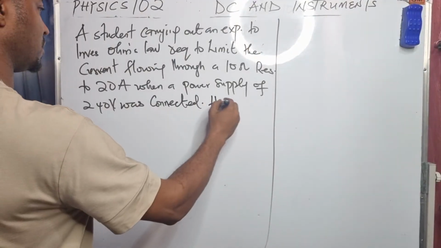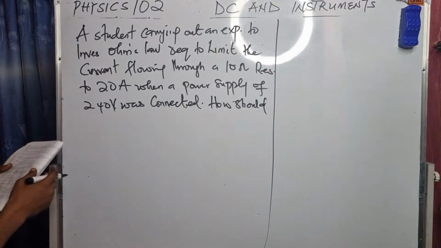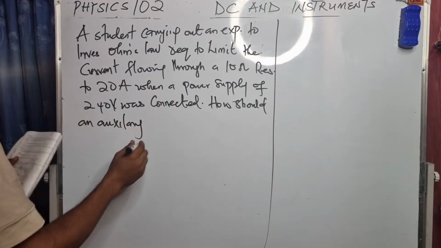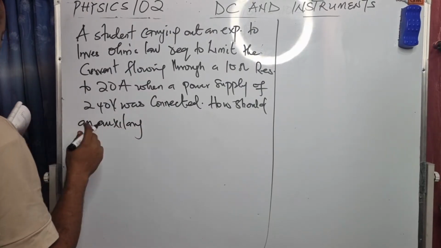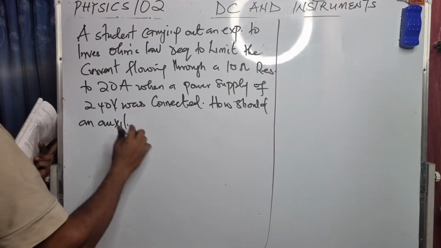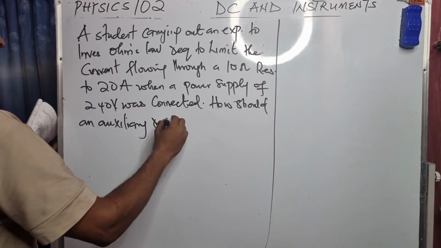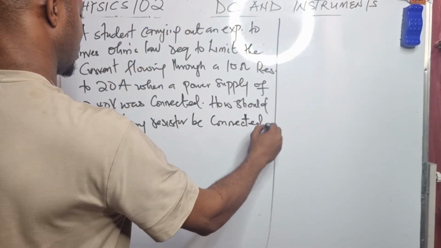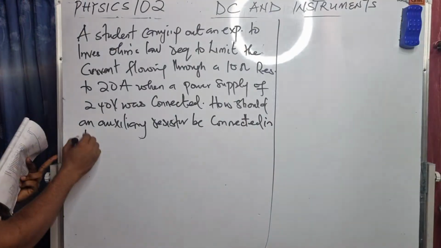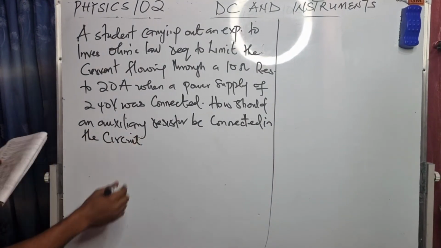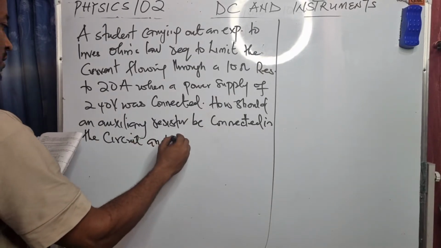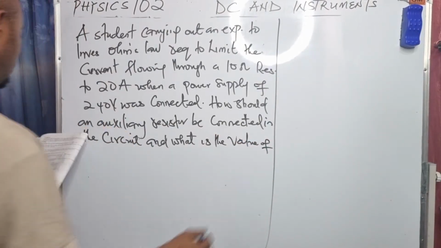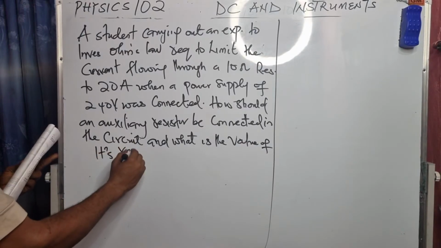How should an auxiliary resistor be connected in the circuit, and what is the value of its resistance?